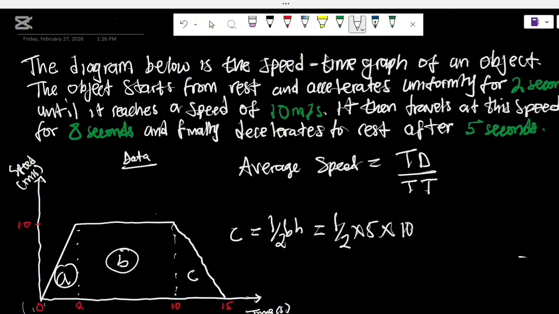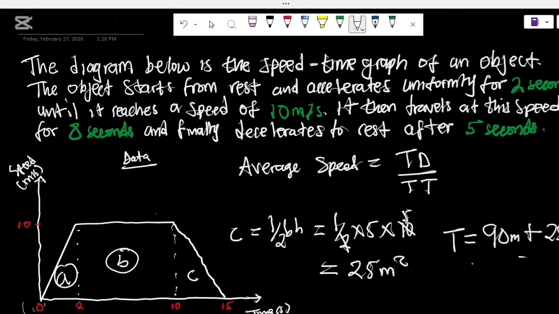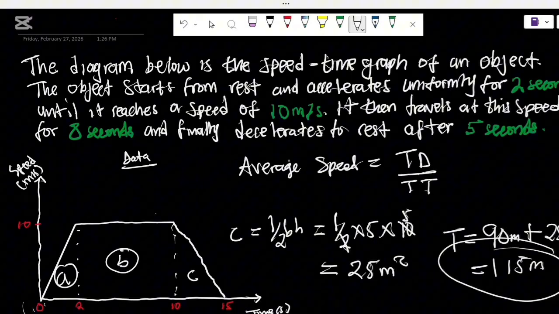So this 2 is going to go into 10 5 times. We are going to get 25 as the area of this particular shape, which means that the total distance is going to be, we found 90 meters plus this 25 meters. So we're going to get 115 meters as the total distance traveled for the entire journey.